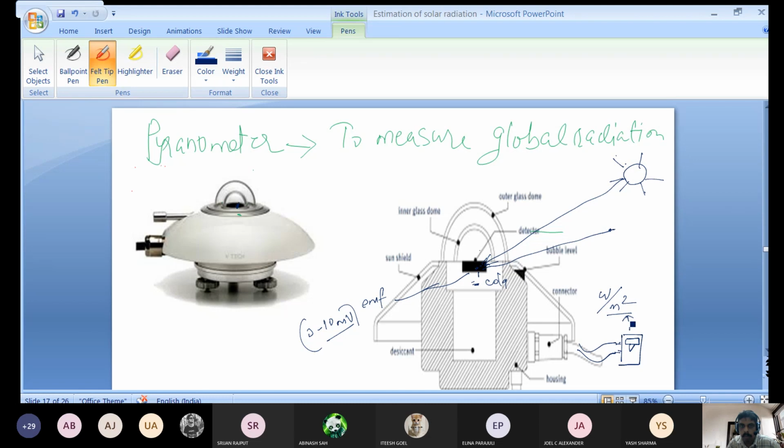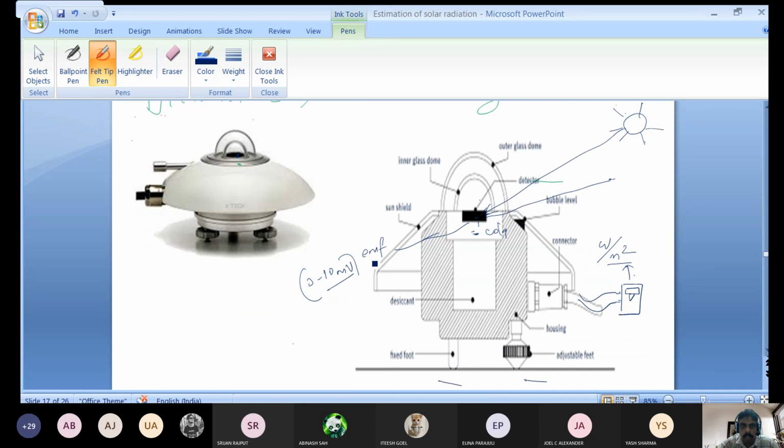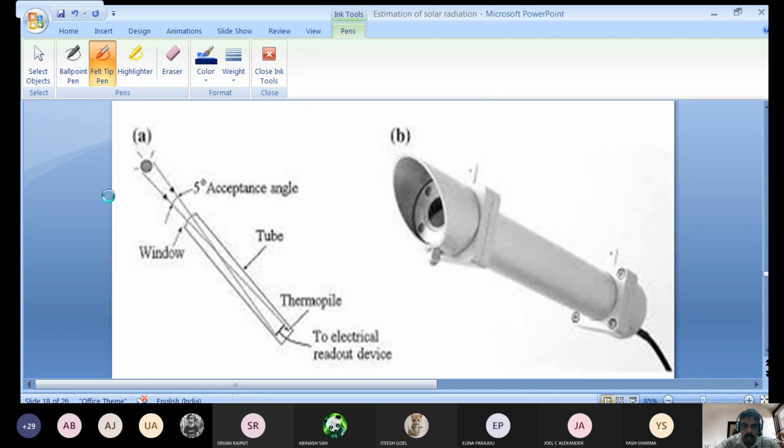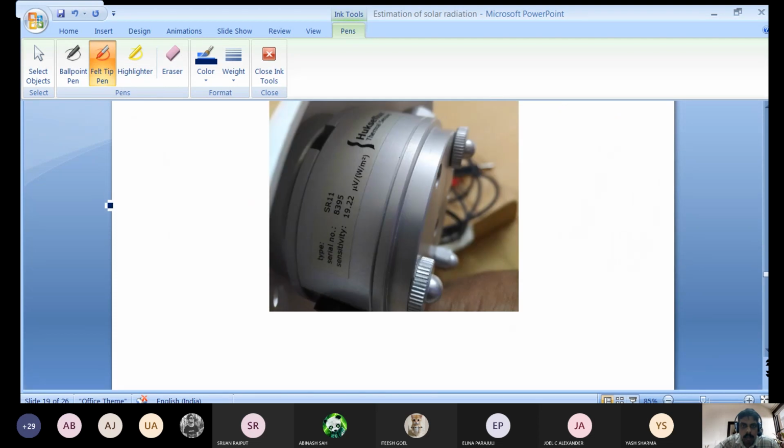A correction, a sensitivity, will be there. The manufacturer of this instrument will give you a sensitivity. What is sensitivity? You can see this is the actual one in our laboratory. Type SR11, serial number is there, make is there, sensitivity is given: 19.22 millivolt per watt per meter square.